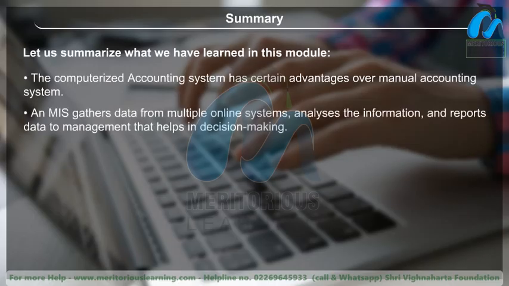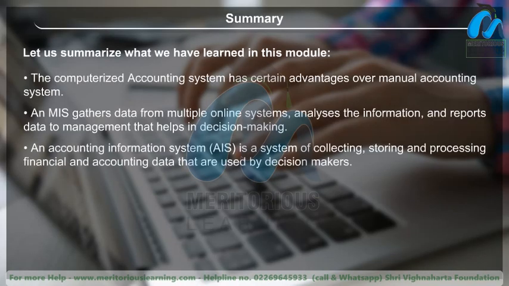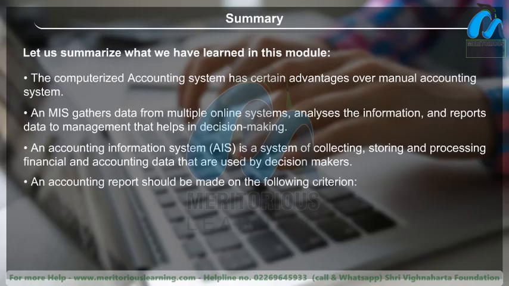An MIS gathers data from multiple online systems, analyzes the information, and reports data to management that helps in decision-making. An accounting information system, AIS, is a system of collecting, storing, and processing financial and accounting data that are used by decision makers. An accounting report should be made on the following criteria: relevance, timeliness, accuracy, completeness.